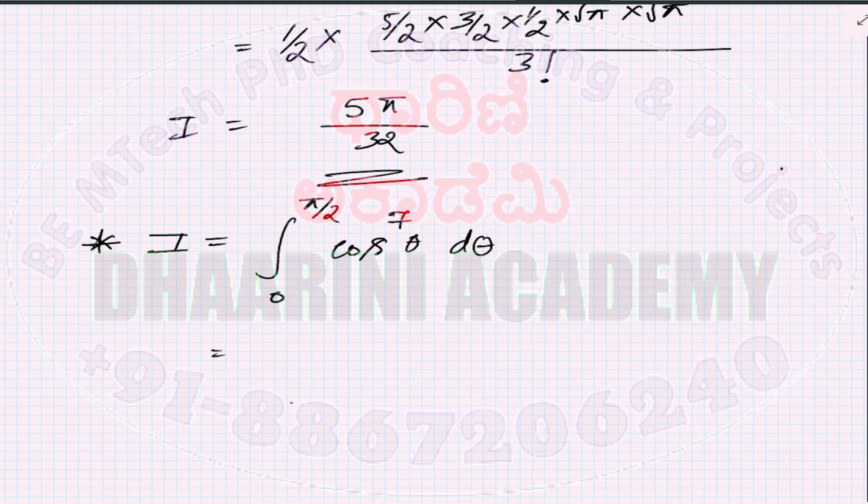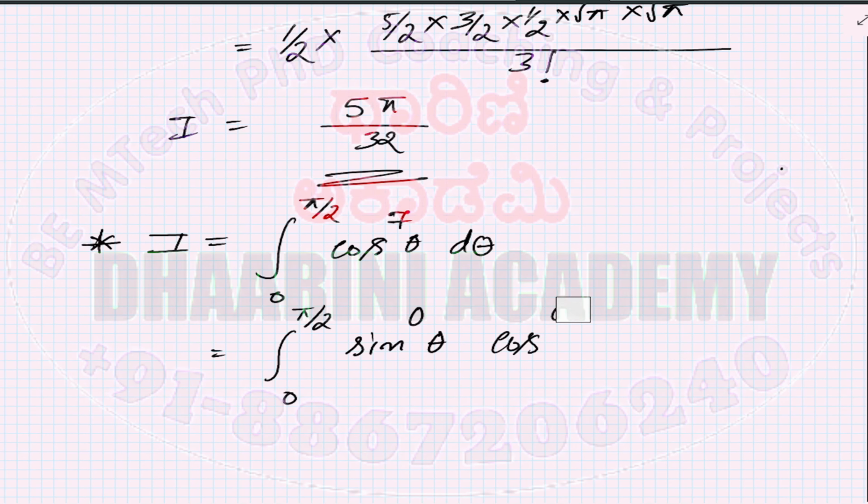So that's why this becomes equal to integral 0 to pi by 2 sine to the power 0 theta into cos to the power, not 0, my mistake, because the given value says cos to the power 7.